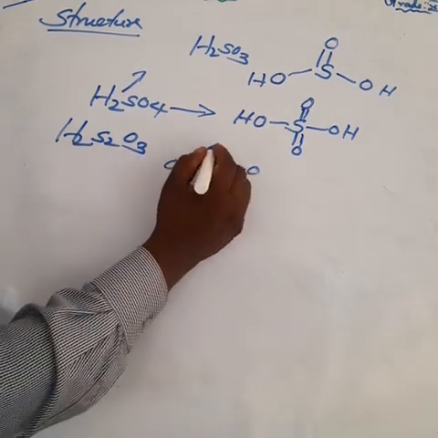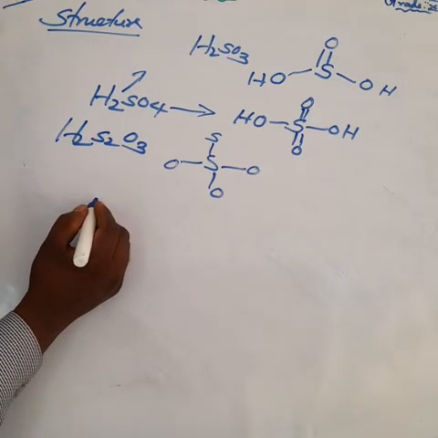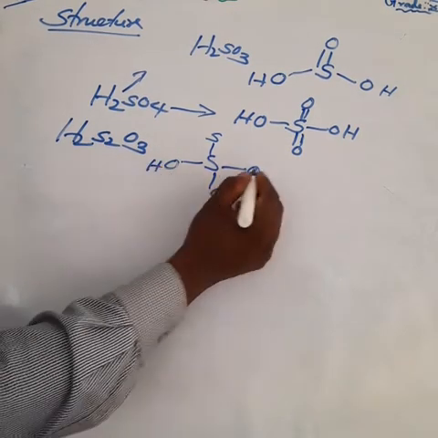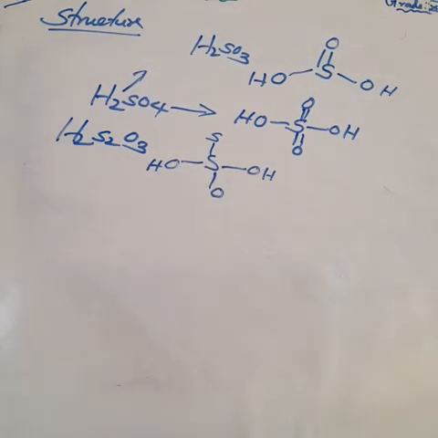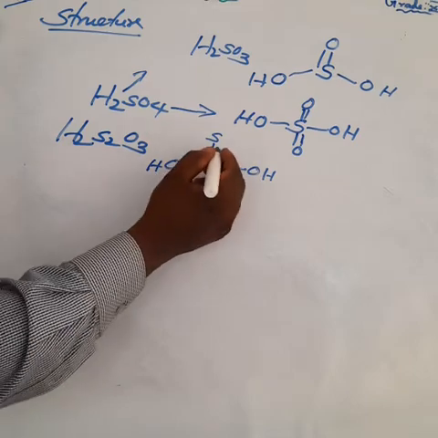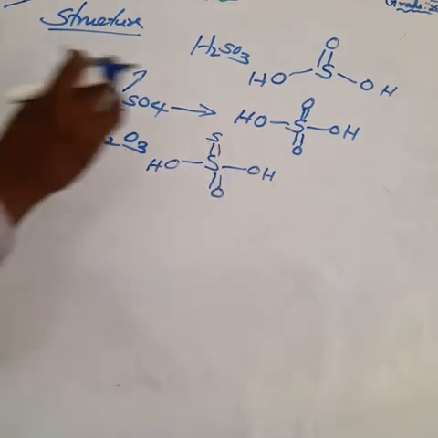Then I have one more sulfur, make it upside. Then how much hydrogen is there? Two hydrogen, so left side one hydrogen, right side one hydrogen. Then the sulfur bond is a double bond. Don't forget that the sulfur oxygen bond is also a double bond.